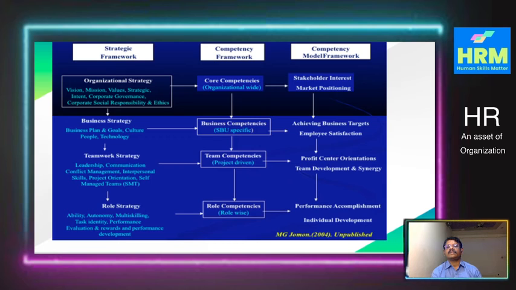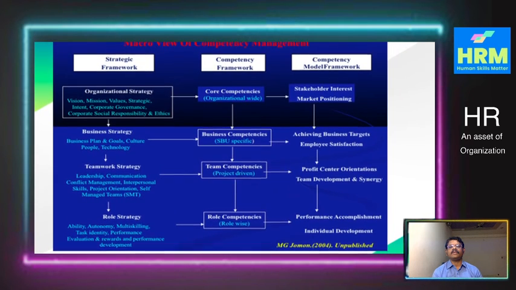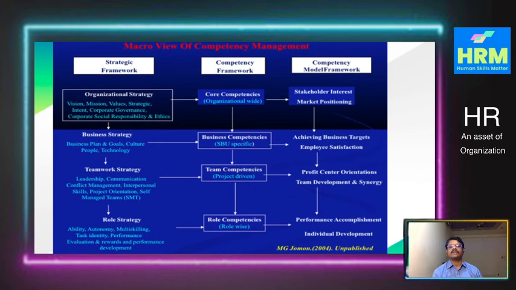When we have the strategy and the competency framework, we have to see how it is there in terms of requirement and availability, and in terms of use of those competencies in the organization for overall performance improvement and success. This diagram gives you the complete picture of what it is and how it is going to happen in the organizational context.